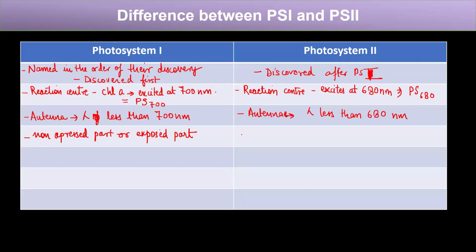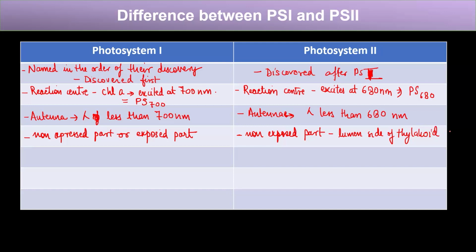And photosystem 2 is present in the non-exposed part, right? And we know where the non-exposed part is. That is the inner membrane of the thylakoid, or the lumen side of the thylakoid.